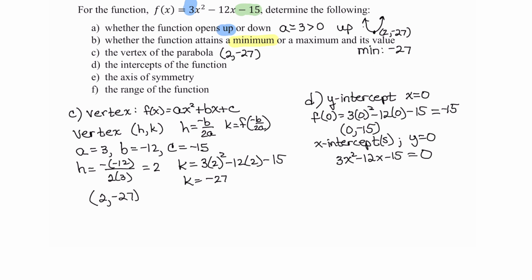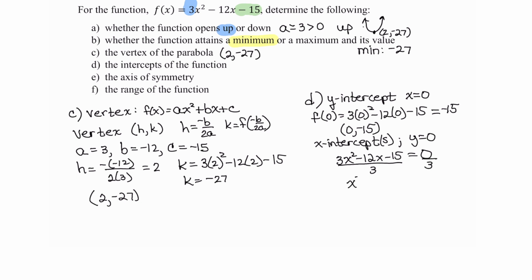Well, I see in this one that every single coefficient is divisible by 3. So I could actually, and it's an equation, I could actually divide both sides by 3 to make this a little bit easier to work with.